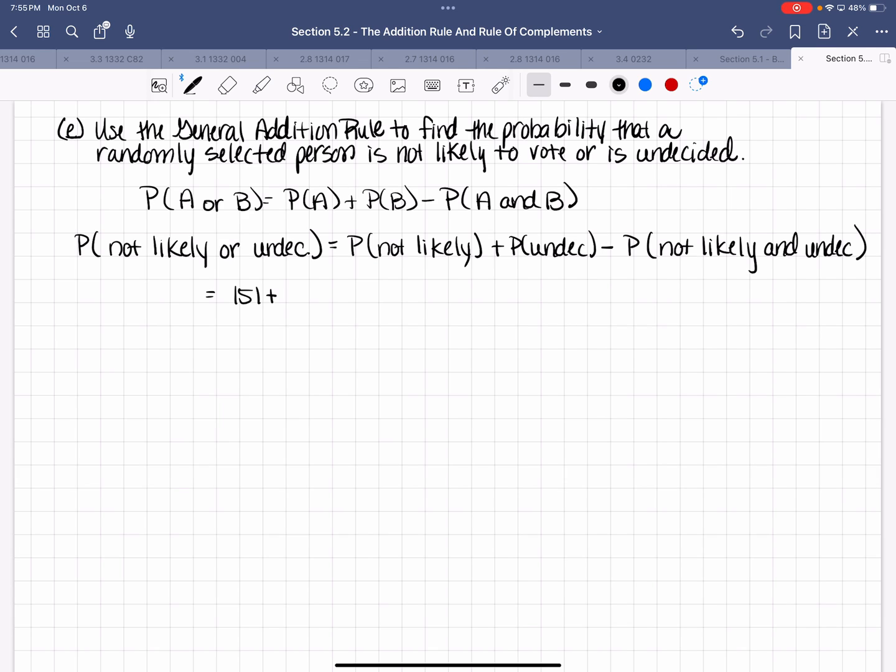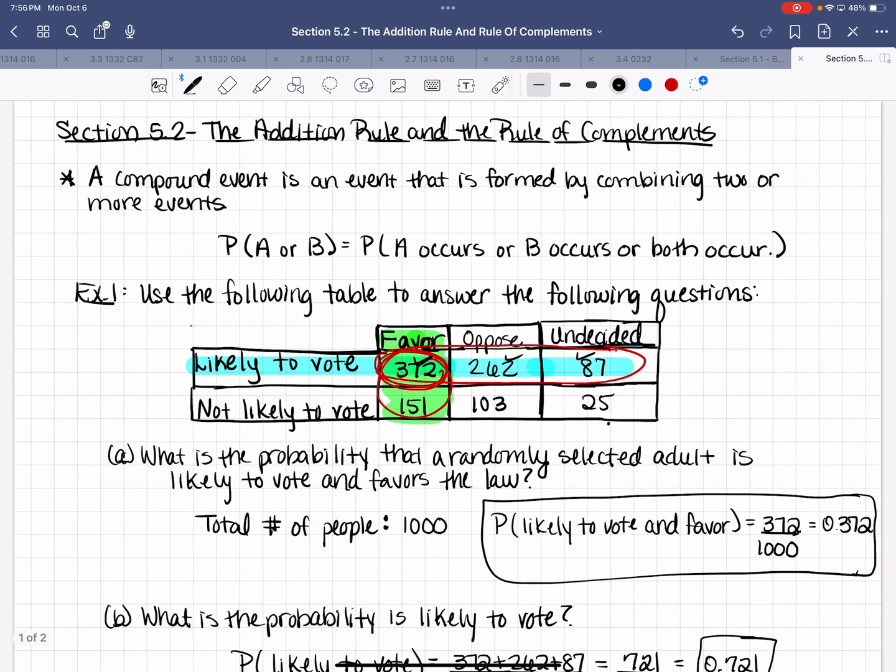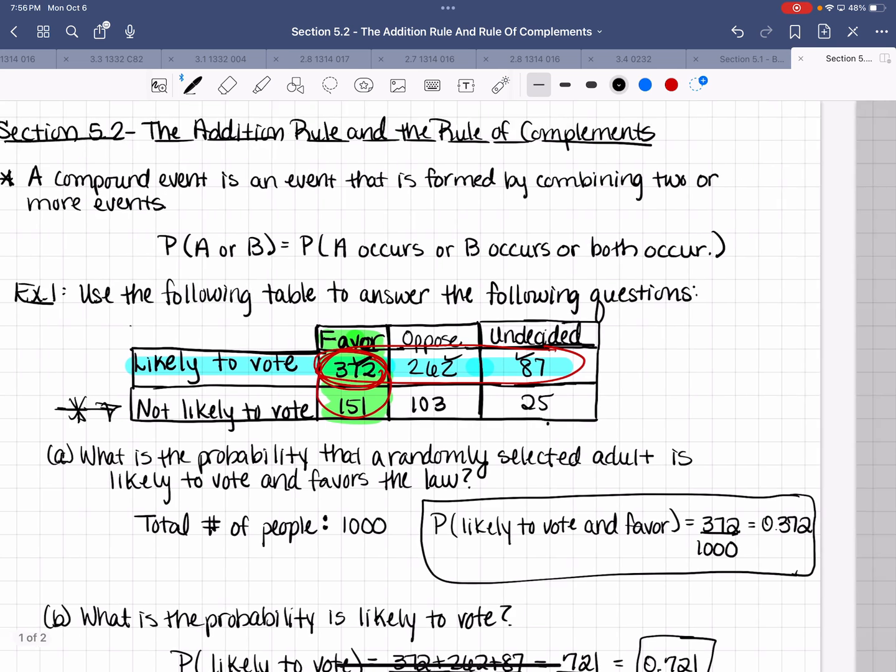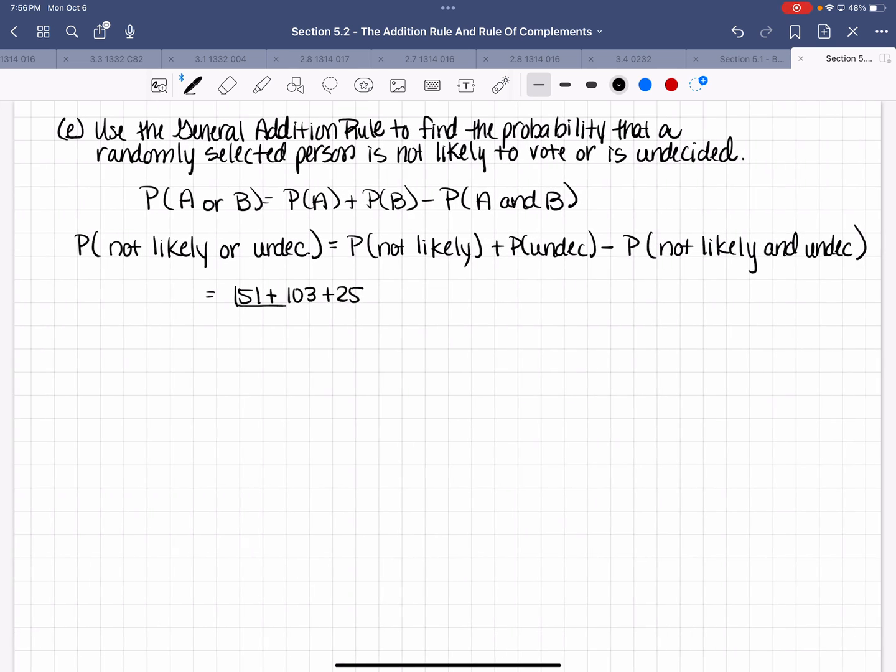Good, 151, 103 plus 25, right? Those are all my not likely to vote people that are right here. So that's all over 1,000, correct? That's the probability of not likely.